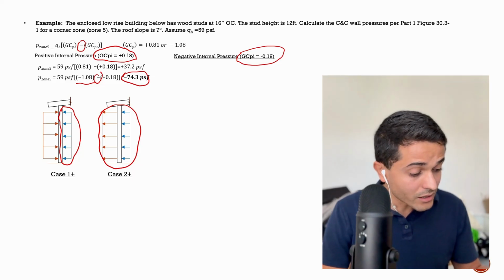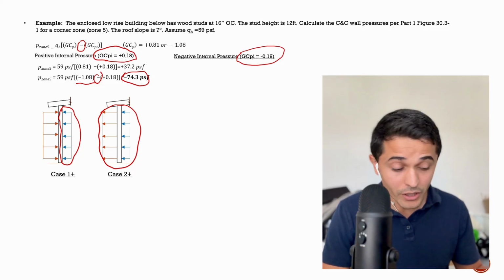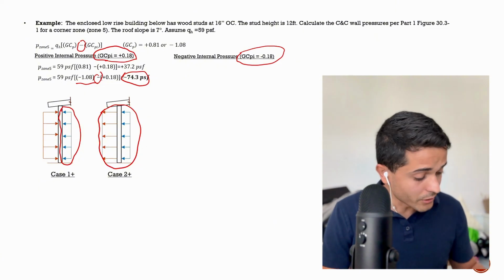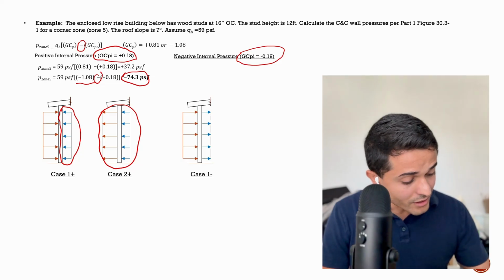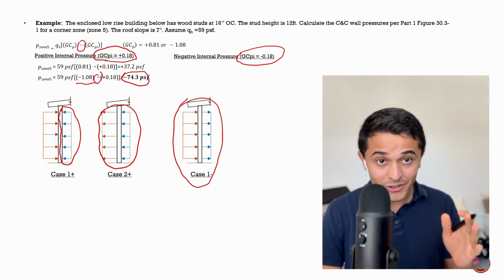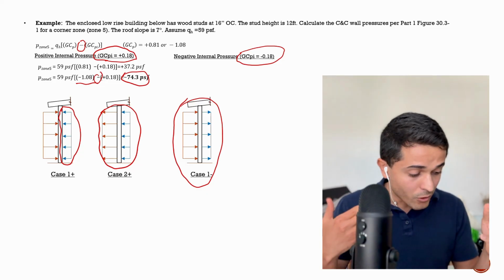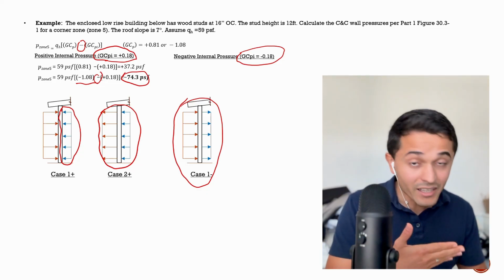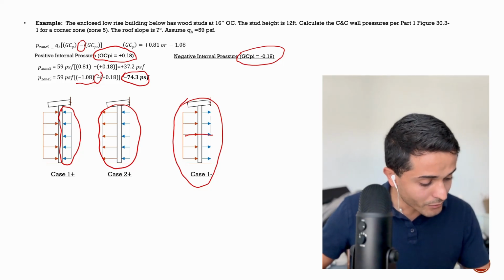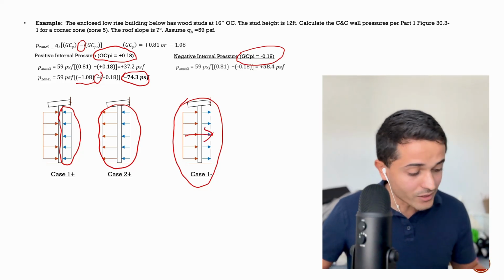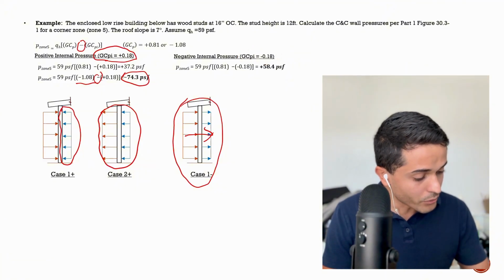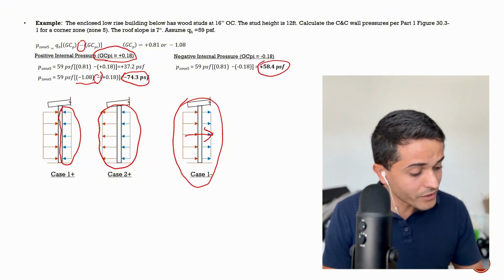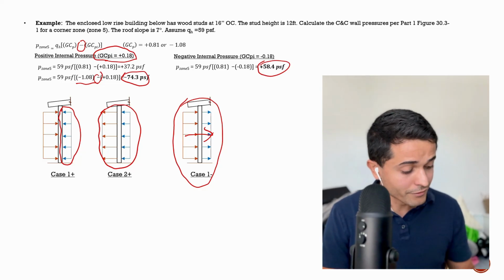Now let's look at the negative internal pressure and see how that plays out. When we have positive external pressure paired with negative internal pressure, they add up, right? The two pressures. So if we see mathematically, we see that we have a pressure of 58.4 PSF.